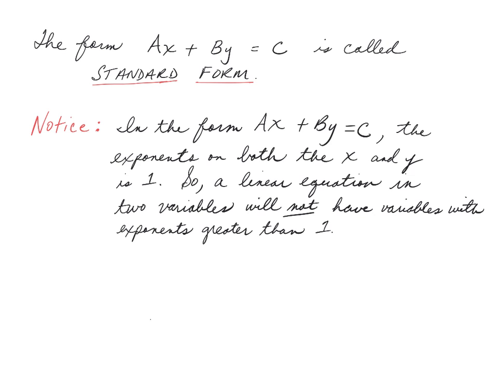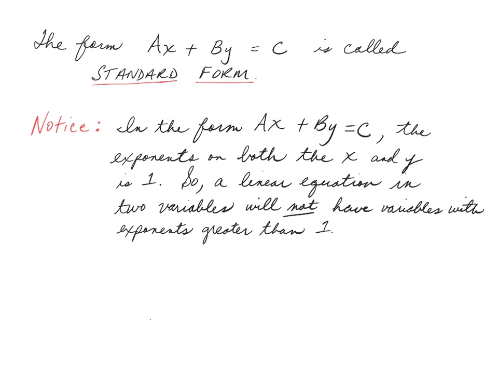The form ax plus by equals c. Notice that you have a variable x and a variable y. The a, capital A, is the coefficient of the x term. The b is the coefficient of the y term. And c is a constant.